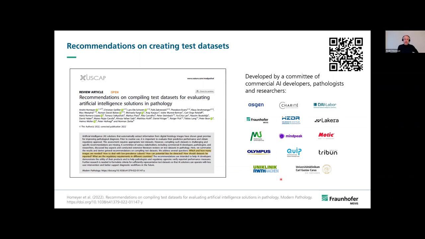Over the course of the year, mostly 2022, the committee conducted extensive literature reviews and discussions based on their own individual experience in order to develop recommendations on compiling test data sets for evaluating artificial intelligence solutions in pathology. And the results are summarized in the publication shown on this slide, in case you're interested.